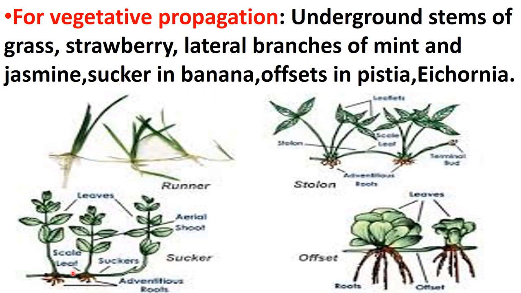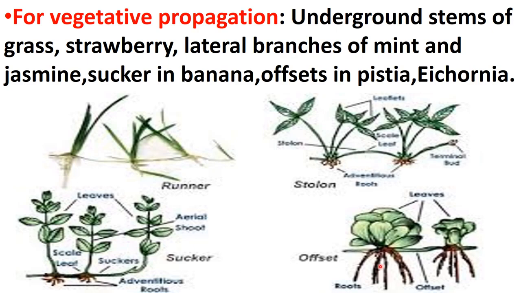In case of banana and also pineapple, the lateral branches originate from the basal and underground portion of the stem. So from the basal and underground portion of the stem, the new branch is arising. This type of vegetative propagation is found in banana and pineapple.